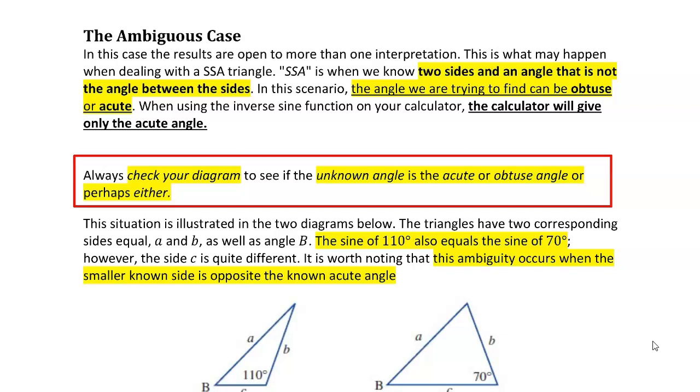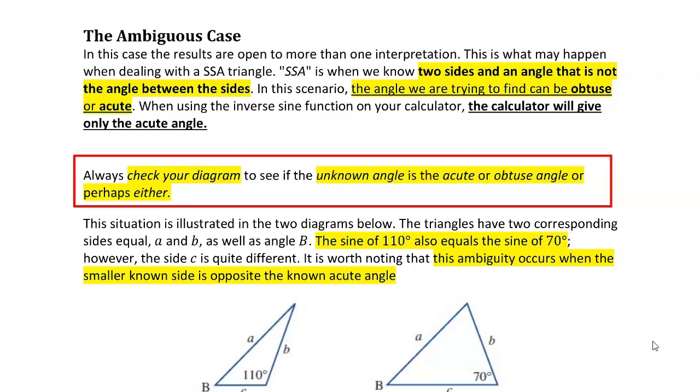We're not actually sure. When you use your calculator, it automatically gives you the acute angle. It just gives you the one that's less than 90 degrees. However, with sine, it could be the obtuse. We just don't know. It depends on that triangle.